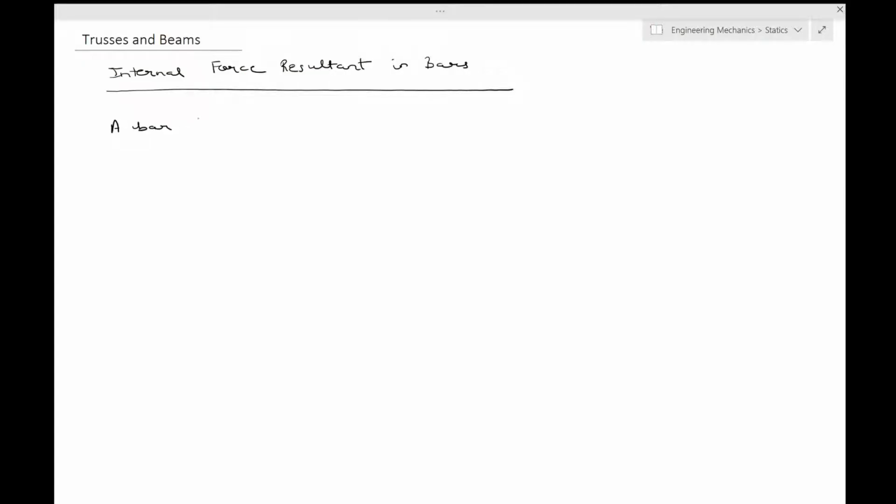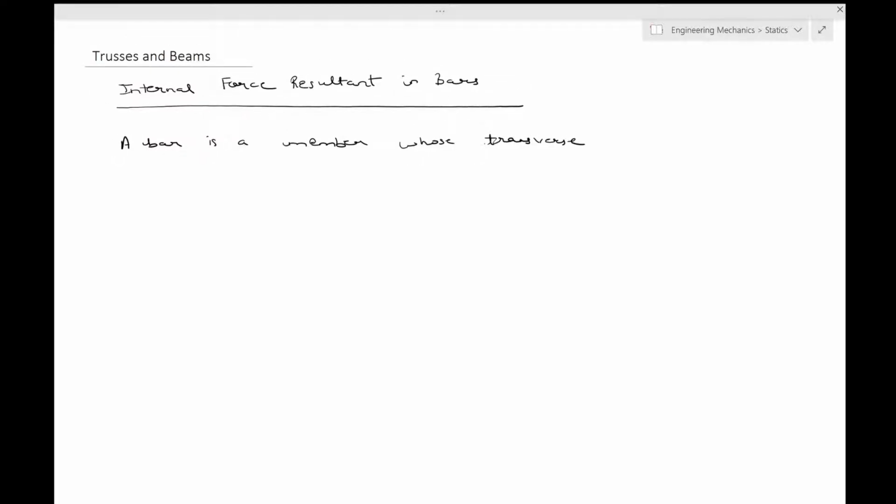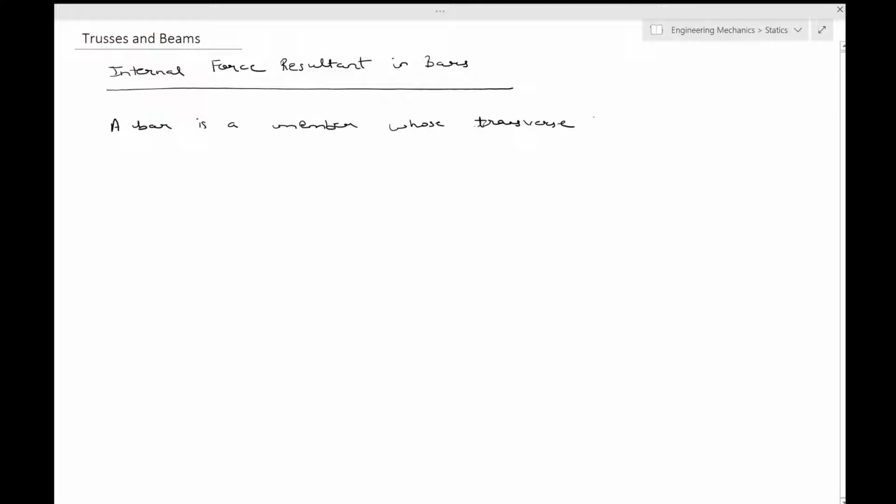A bar is a member whose transverse cross-sectional dimensions are much smaller.